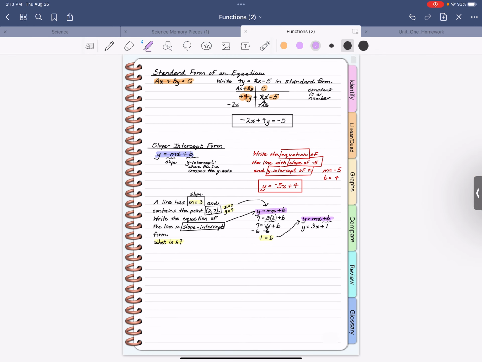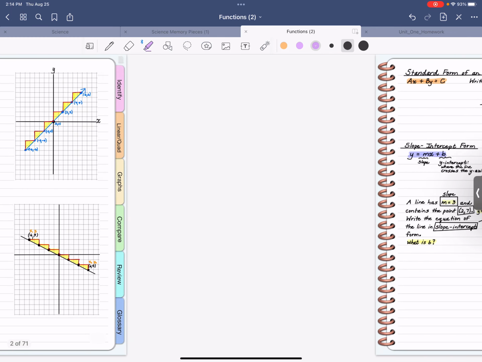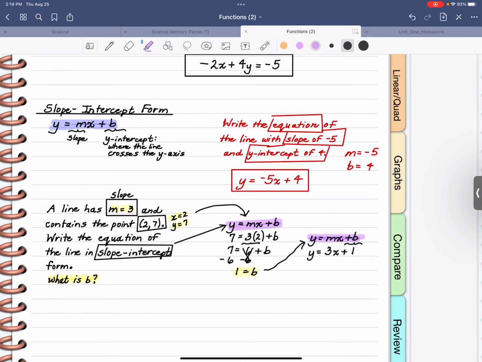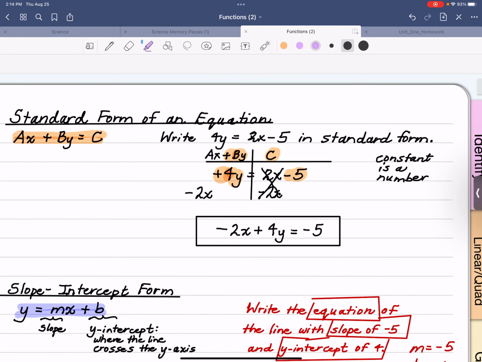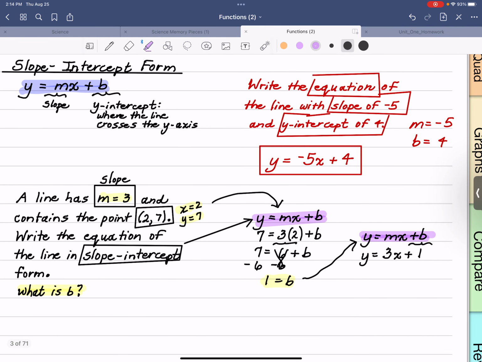Just to remind you, we started out drawing stair steps. Then we went down the stairs with rise over run. And now we're not even talking about rise over run, other than we're talking about it in terms of the letter m. Because remember, anywhere you see the letter m, you can substitute rise over run.